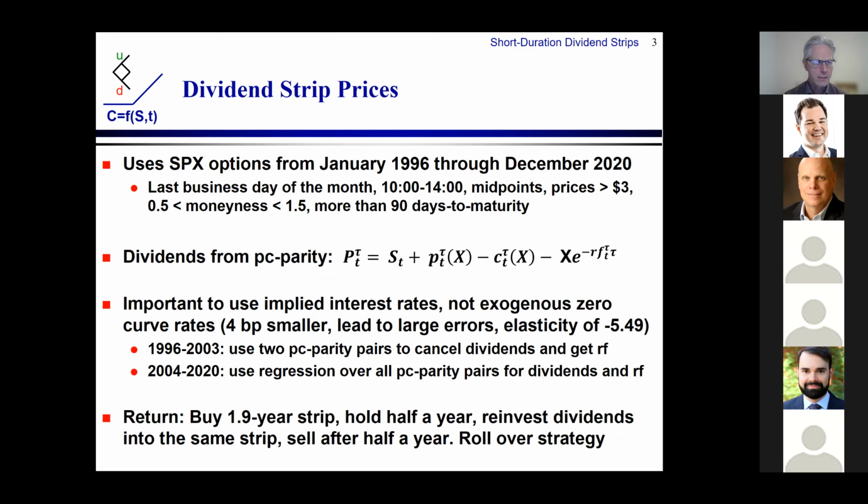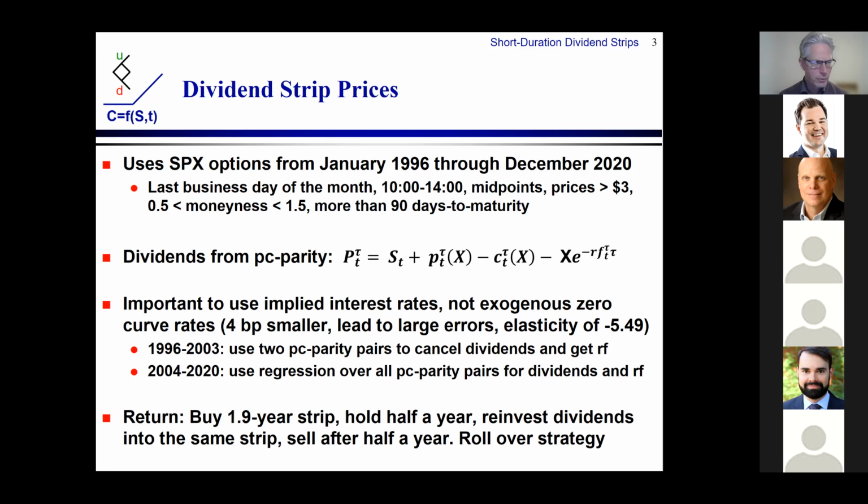We use SPX options, same as in the original BBK study. And our data sample is now a much longer 1996 through December 2020. Mind you, BBK ended in 2009 and was published some 3 years later. So we're adding a substantial amount of data here.